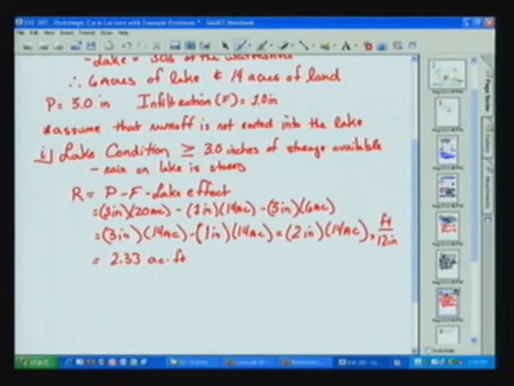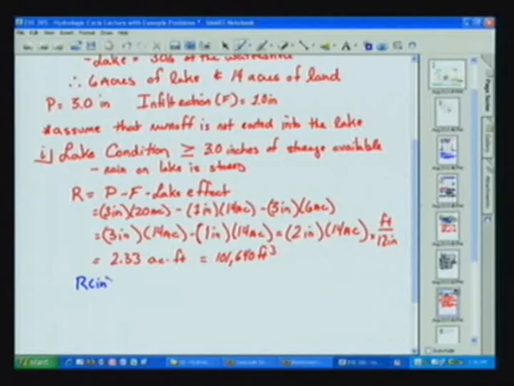And, oh, good, 2.33 acre feet. And that is equal to 101,640 cubic feet.